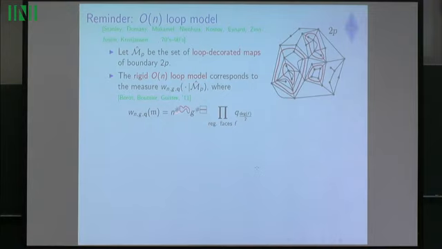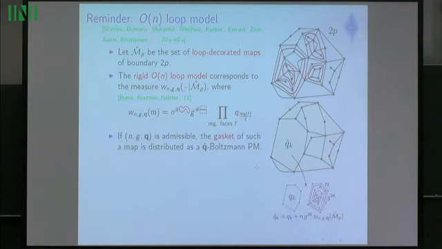So I get a factor of n for each of the loops, a factor of g for each of the faces that is intersected by a loop. And if these weights sum up to something which is finite, then I can normalize it, and this defines for me the O(n) loop model on the Boltzmann planar map.